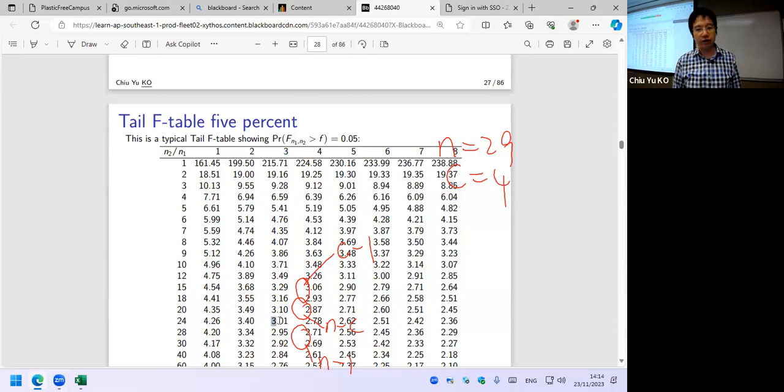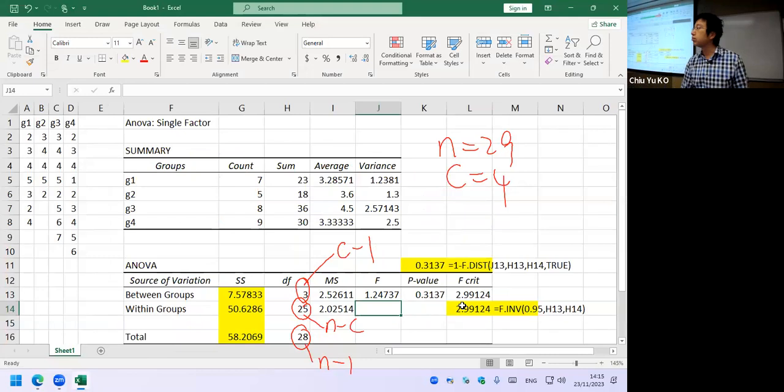I want 24, but anyway, it's like 3. I don't have the 25, but 3-something is the critical value to be shown there. Of course it's slightly smaller, because I want 24 in the table. So that's how you would use the F table.